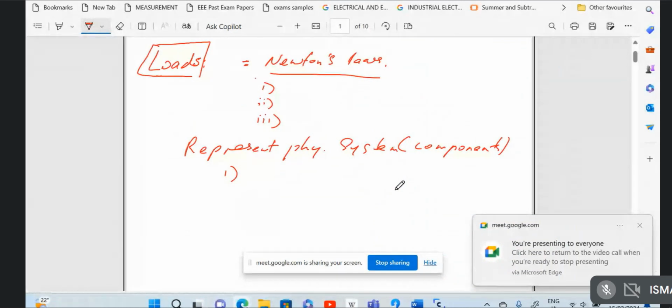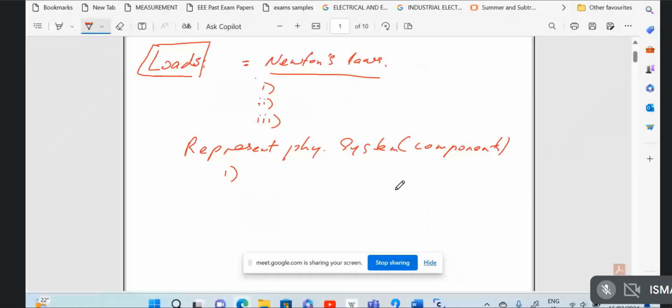There is one way you can present a physical system. You can just do the direct, analog type, direct analog presentation.